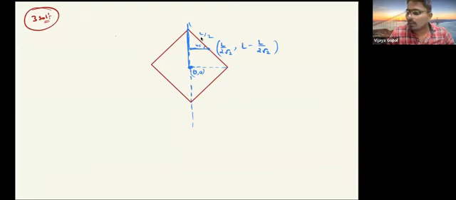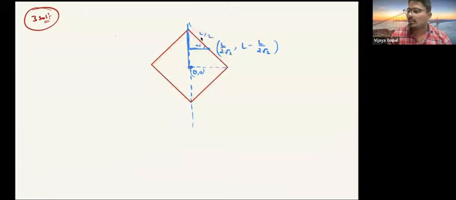Now, the center of mass of this entire thing plus the center of mass of the remaining rods should be at the origin.